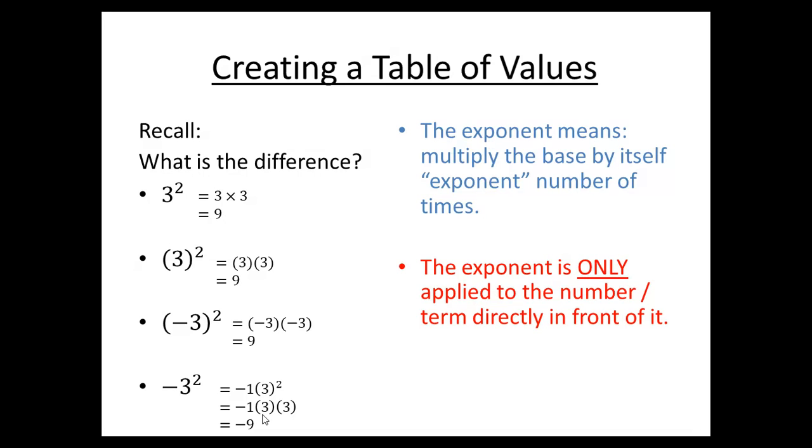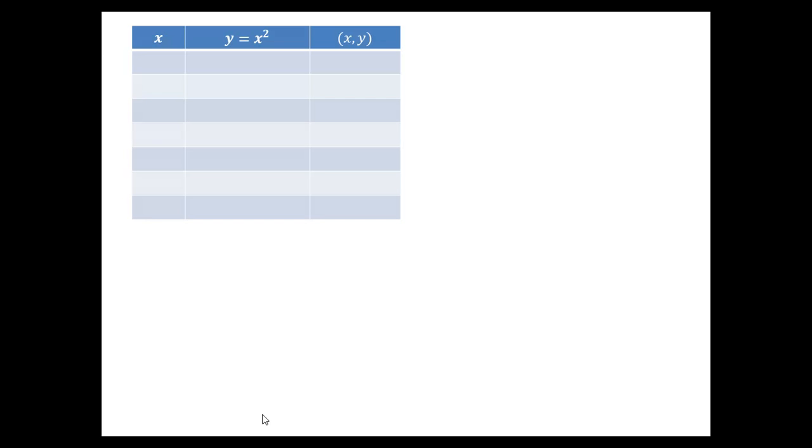Now let's take some of this knowledge and apply that to our table of values. I've created a table where we're going to work with y is equal to x squared. For the sake of this activity, I'm giving you the x values.